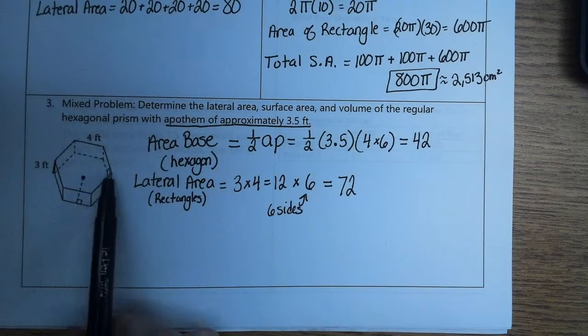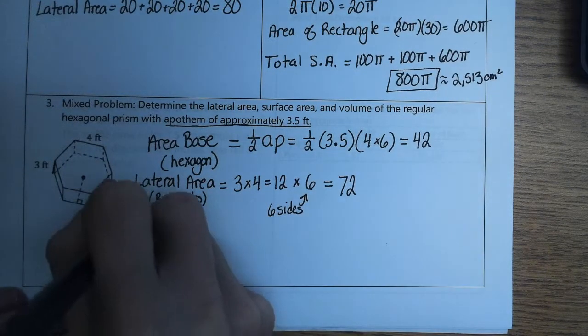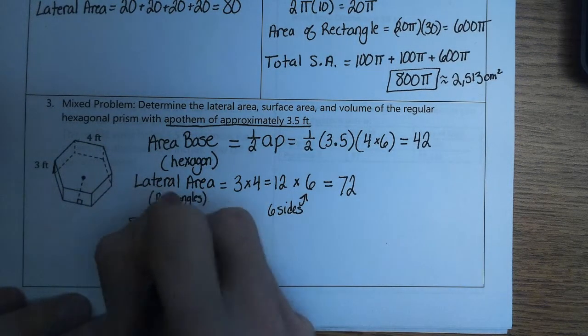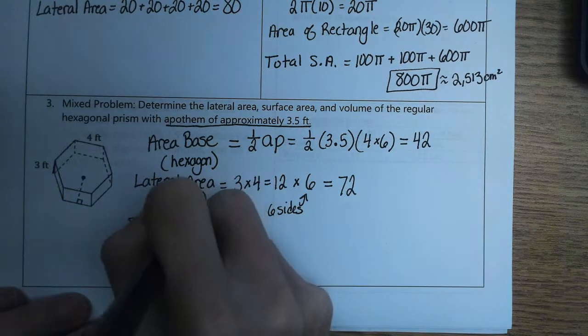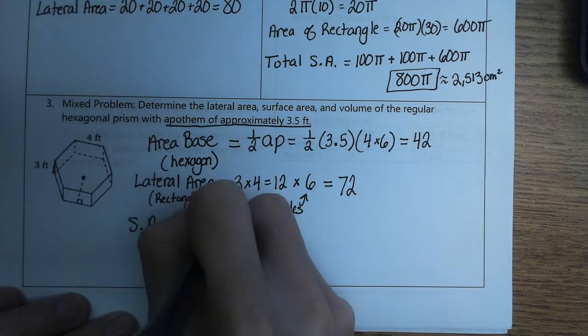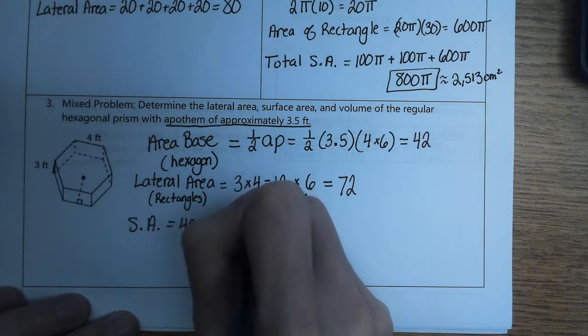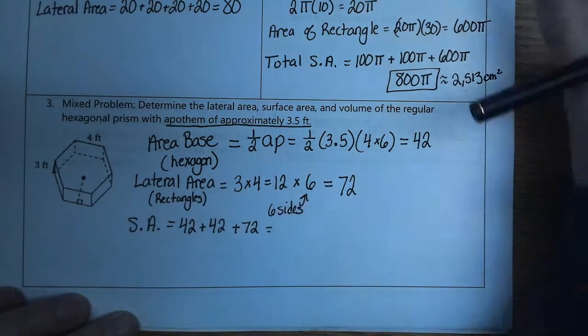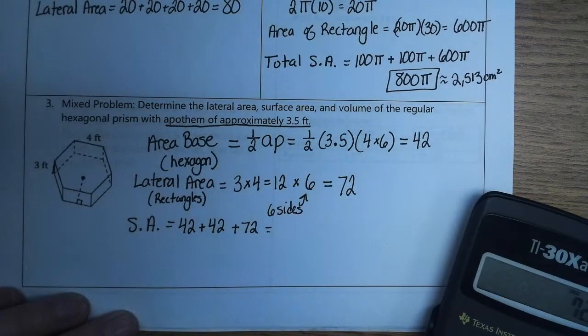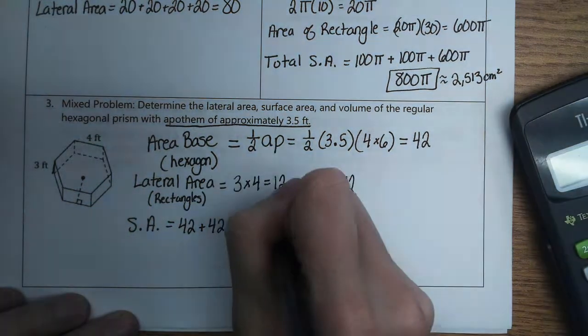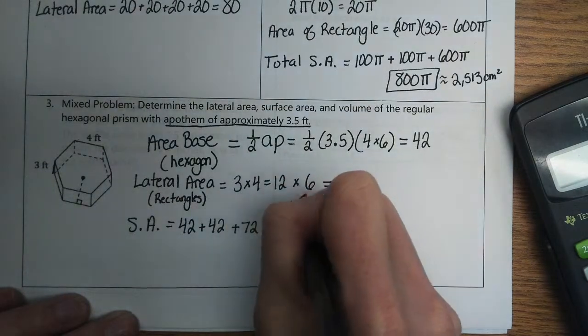So that's the area around the sides. For the total surface area, we're going to add our 2 bases, so 42 plus 42. We have 1 base on the bottom, base on the top, plus 72. And that gives me 156.